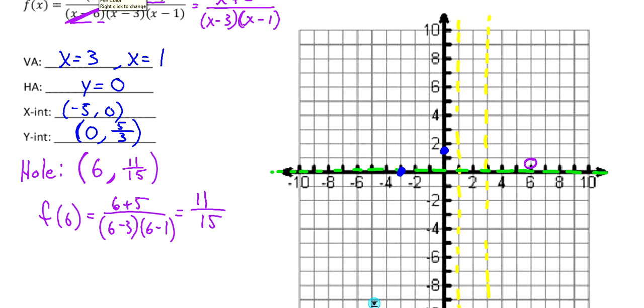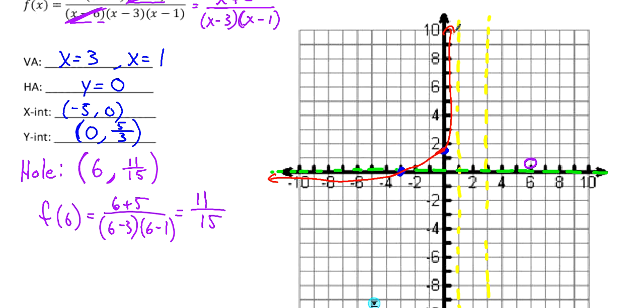So here we go. Let's start on the left side. I do have 2 points, and since I know that these 2 points have to connect, and it crosses the x-axis here, it's going to look like this. So the left side's really easy because I have the y-intercept and the x-intercept there.